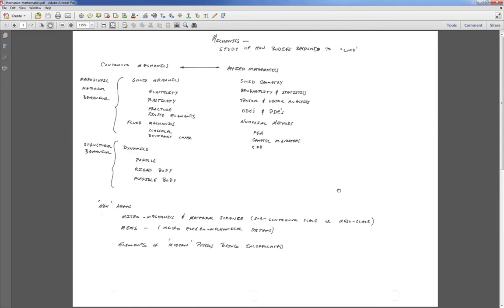You can even go down to quantum mechanics if you would like, the study of atoms and parts of atoms. Above that, we have MEMS, microelectromechanical systems. So it's a combination of dynamics, electromagnetics, and solid mechanics, maybe even fluid mechanics too, depending on what the MEMS device looks like. And we can also incorporate elements of modern physics in a lot of mechanics these days.